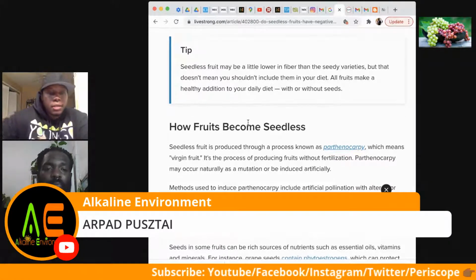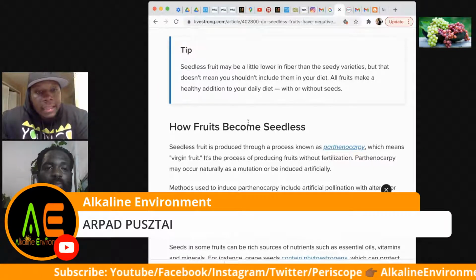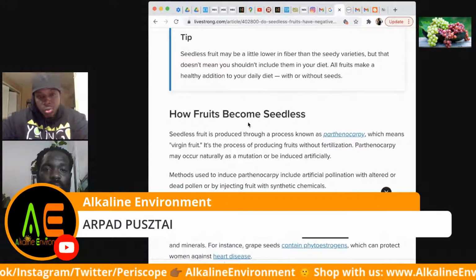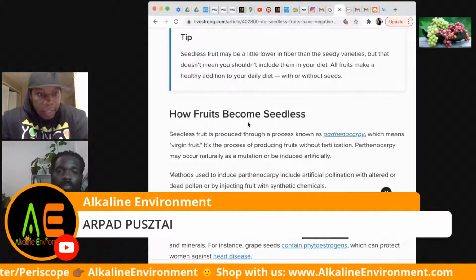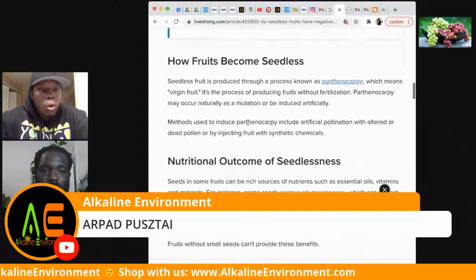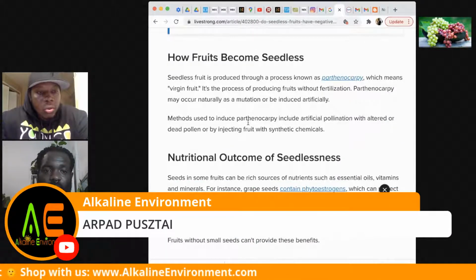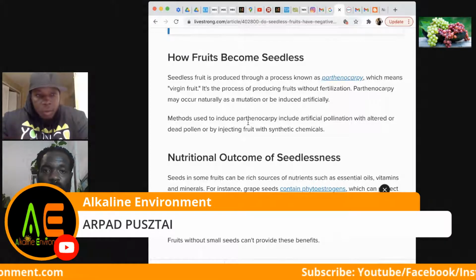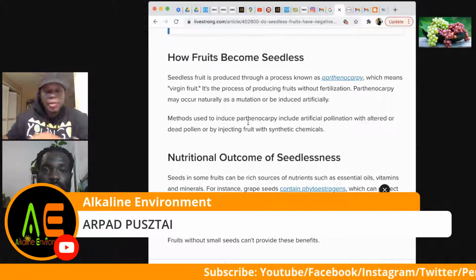All fruits make a healthy addition to your daily diet with or without seeds, and they're going to show you how later down in the article. Seedless fruit is produced through a process known as parthenocarpy, which means virgin fruit because it's a Greek word.